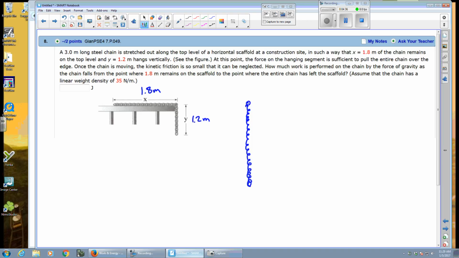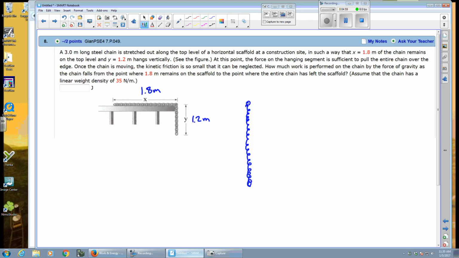If we think about this chain, we can think about it as a whole, but I'm going to think about it in 2 sections. I'm going to do the 1.2 and the 1.8 separately. I know that they're connected and that the work is done on both, but I think it'll be an easier approach.